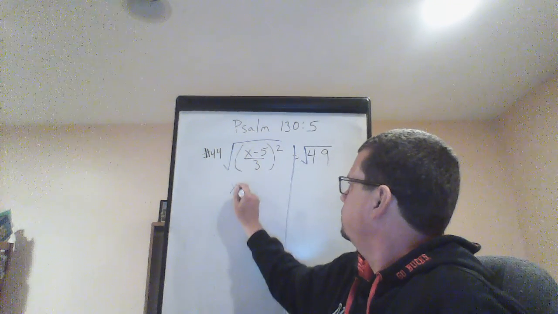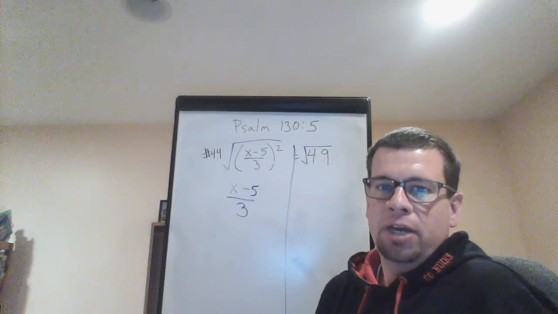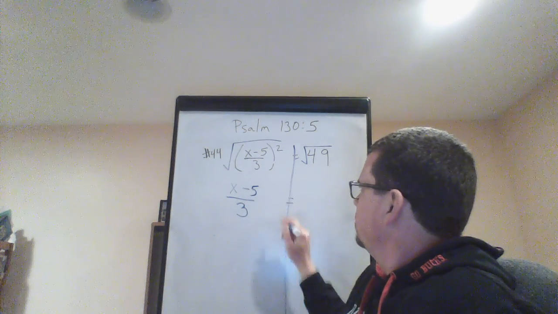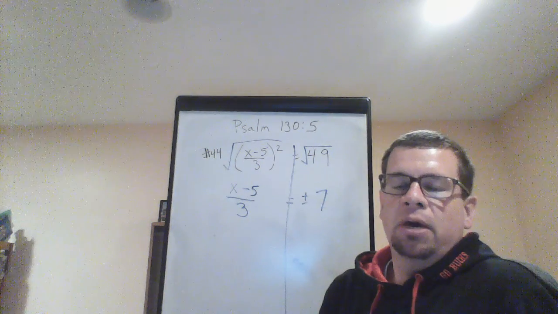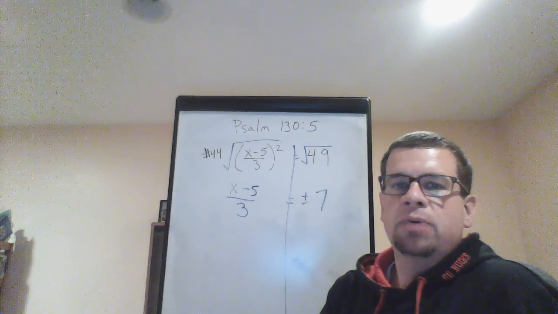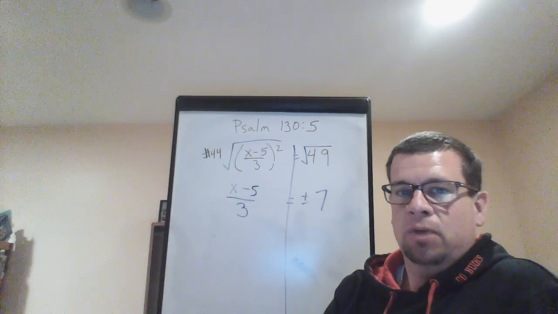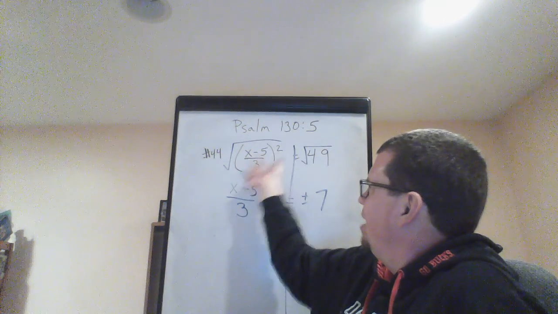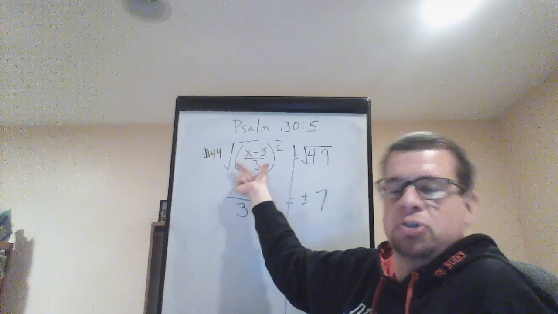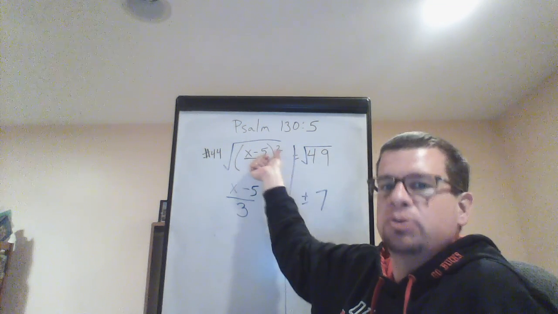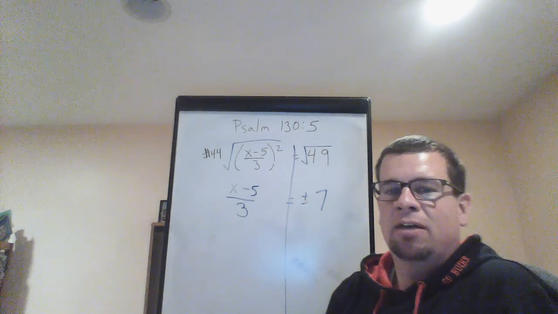So what I get is (x minus 5) divided by 3 equals, now remember when we do the square root, when we're solving these, we actually get two different answers, 7 and negative 7. In other words, this thing squared equals 49, so this thing could be two different numbers. There are two different numbers that when you square them, you get 49, positive 7 and negative 7.